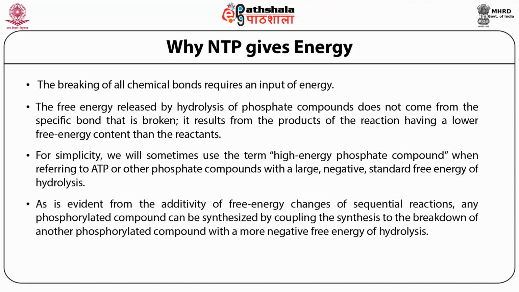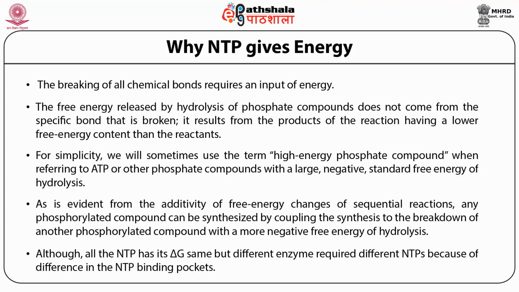As is evident from the additivity of free energy changes of sequential reactions, any phosphorylated compound can be synthesized by coupling to the breakdown of another phosphorylated compound with a more negative energy of hydrolysis. This is the basis of a coupled reaction, where a reaction which is not possible, that is endergonic, can be made possible by coupling with an exergonic counterpart.